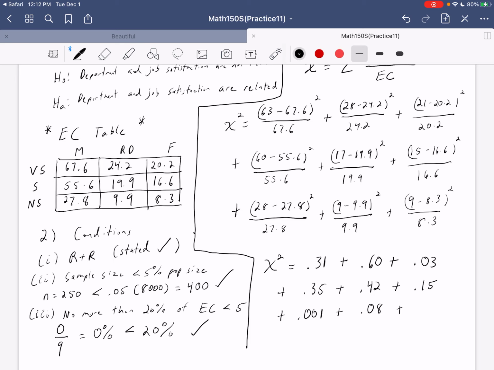And then finally, 9 minus 8.3. We'll square that and divide by 8.3. Looks like it should be 0.06.